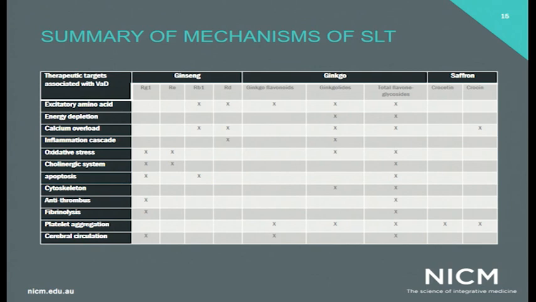And you can see ginkgo, ginseng, and saffron individually have different markers, different bioactive components, that actually target different therapeutic targets associated with the disease, which is truly a so-called multi-component and multi-target approach.